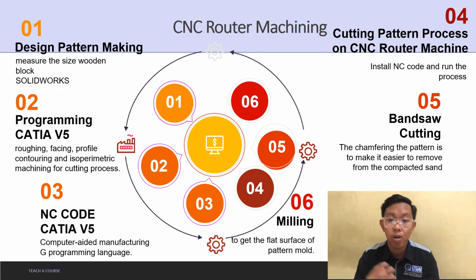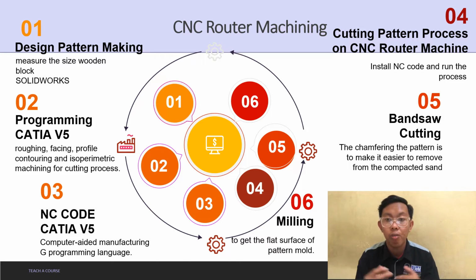So all the part operation processes have been set up using the tools of end mill diameter 6 and ball mill diameter 4. The types of cutting process have been selected. We use the roughing process, facing process, profile contouring process, and then the isoparametric machining for the cutting process in the CATIA V5 software.